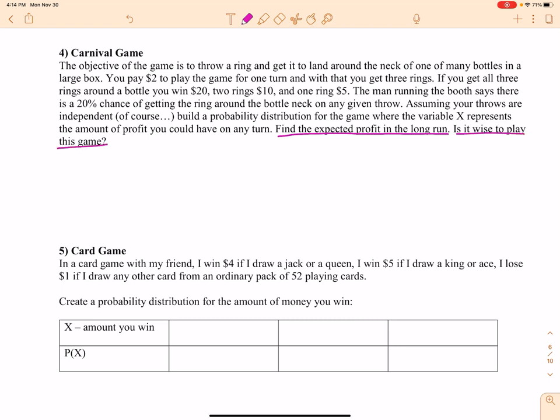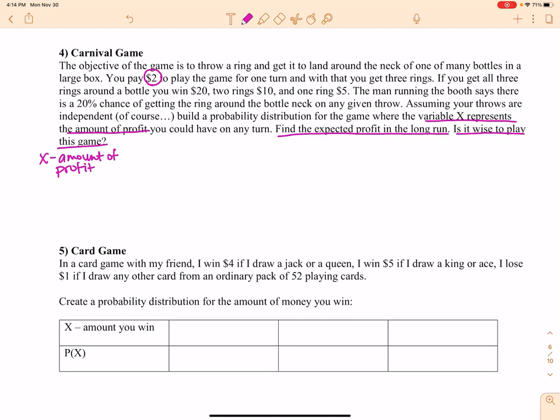So we are going to let X represent the amount of profit, not the amount I'm winning, but the amount of profit. It is important that you understand the difference, because it does cost money to play this game. Costs you $2 every time, and you get 3 rings.